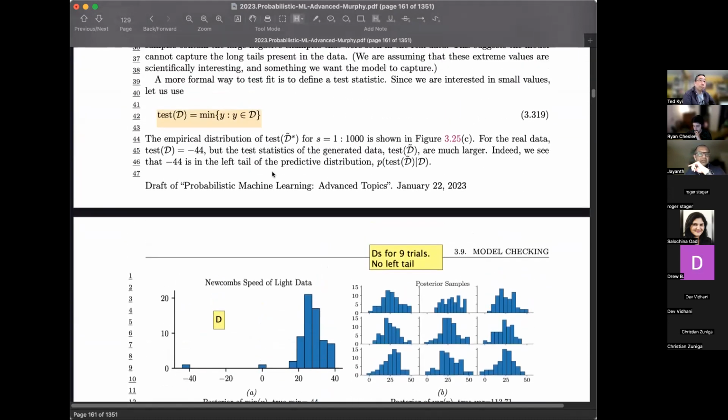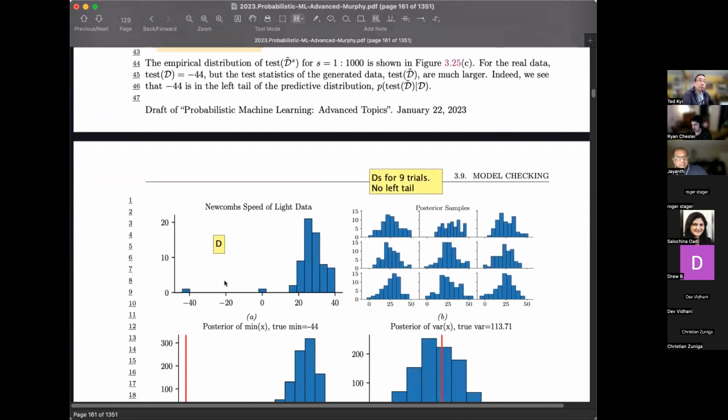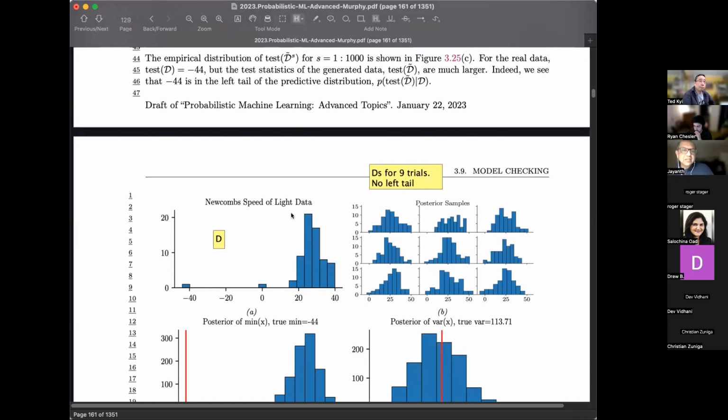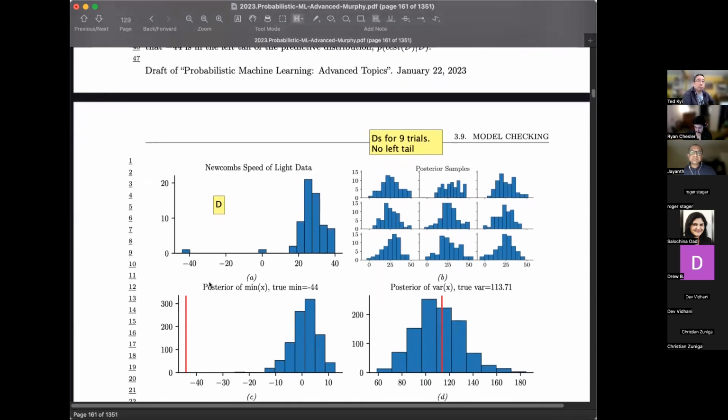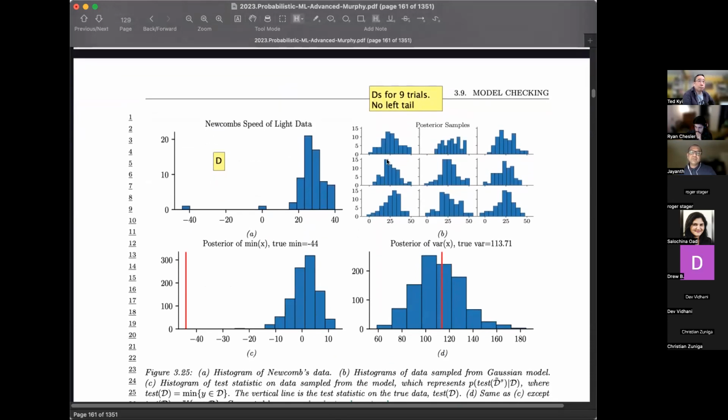There were some 66 samples, and if you put up the histogram, most of the values are here, but there are a couple of outliers, one at 0 and one at -40 something. The question is, if you have a model, is your model good enough? If you do 9 samples from the model you came up with, you can see that it doesn't have the outliers.